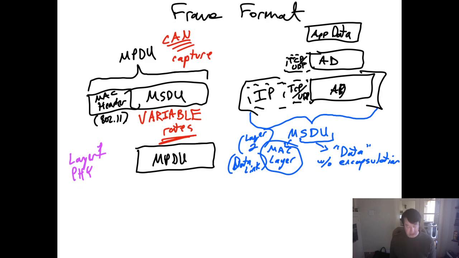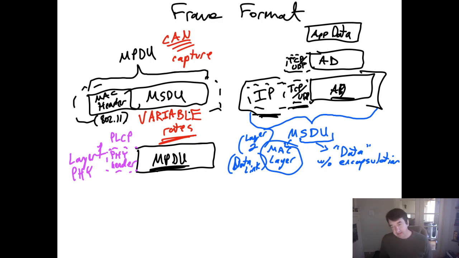So again, the MPDU includes the MAC layer header plus the application data plus TCP or UDP header plus the IP header. So all of that stuff together is the MPDU. But then we also add on a physical layer header, technically called a PLCP header. Physical layer convergence protocol is what PLCP stands for.